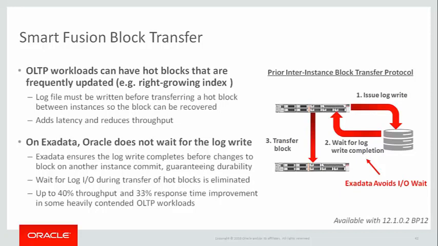If you have two database server nodes in a RAC instance that requires frequent updates, the log needs to be transferred from one server to the other server, and it needs to wait for the log to be written before the block can be transferred to the other server, except Smart Fusion actually transfers the block to the next server without waiting for the log to complete, but it ensures that log writing will be complete before the next log is written. So very, very important feature for improving the latency on OLTP transactions.